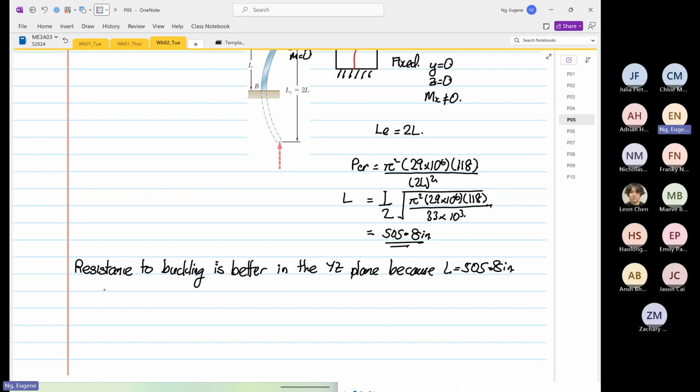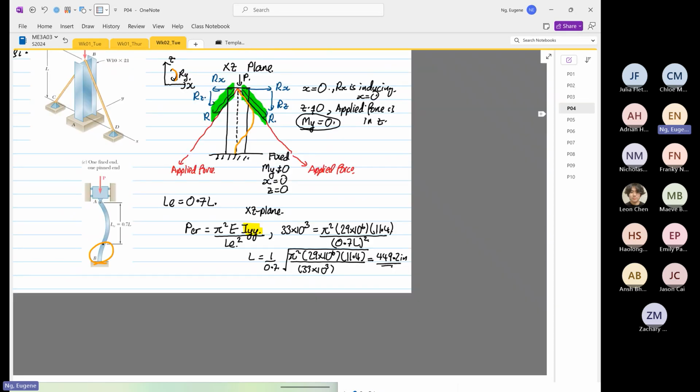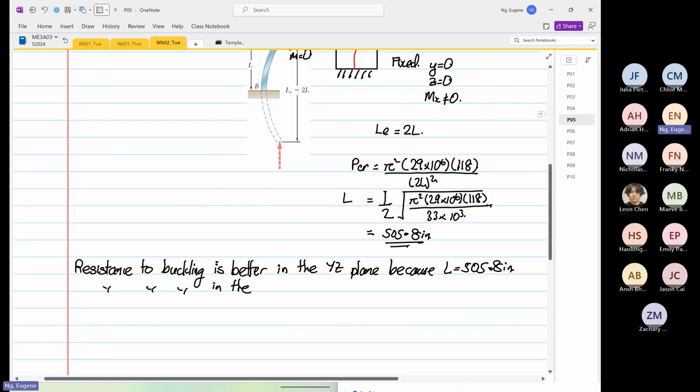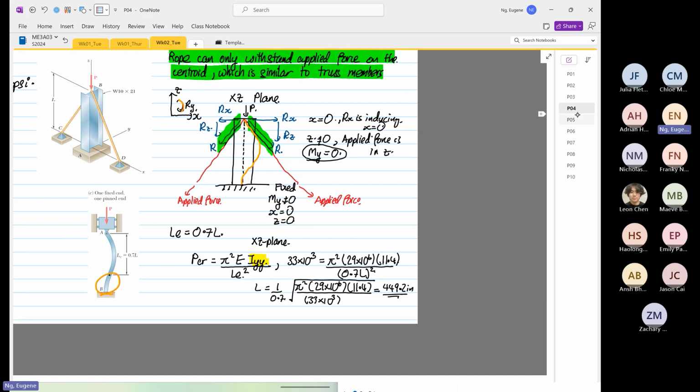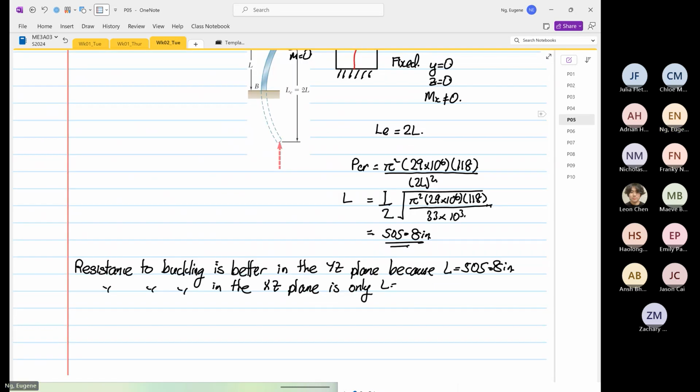Resistance to buckling in which plane? In the XZ plane is only, L is equal to 449.2 inches. So L equal to 449.2 inches controls.